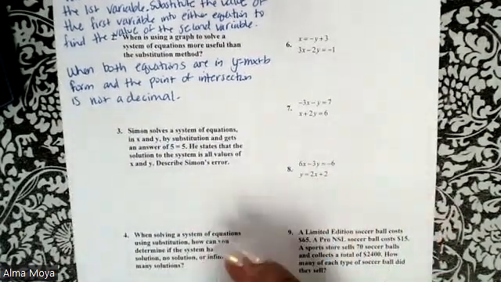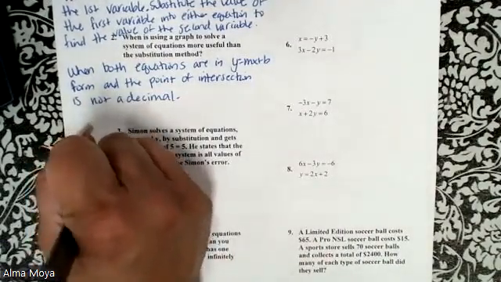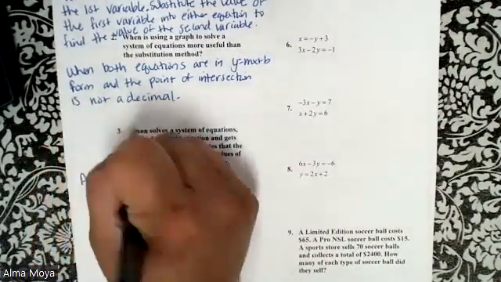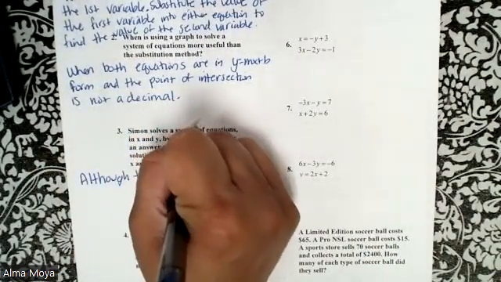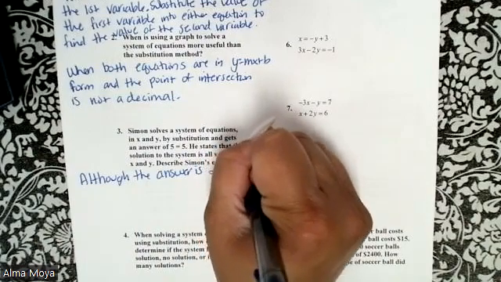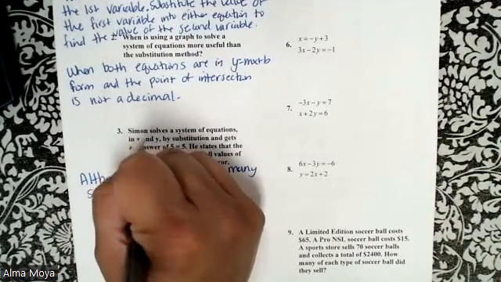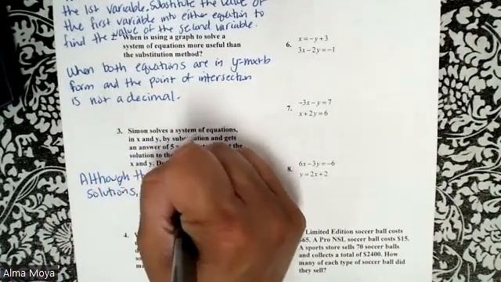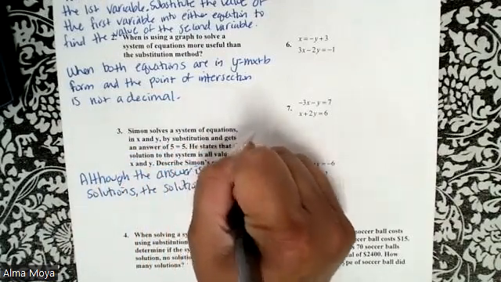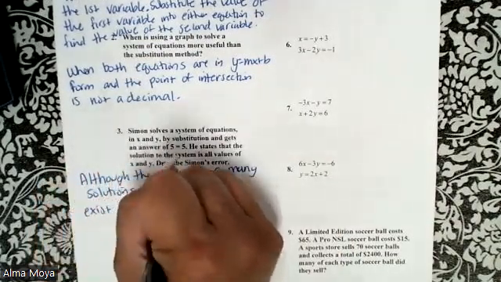So there are solutions, it's just all of the solutions. So although the answer is infinitely many solutions, the solutions only exist on the coinciding lines.